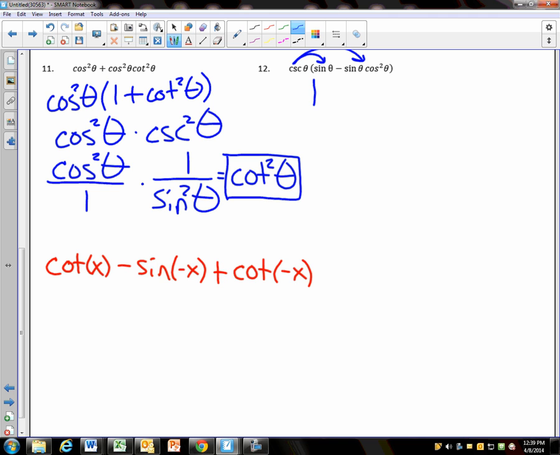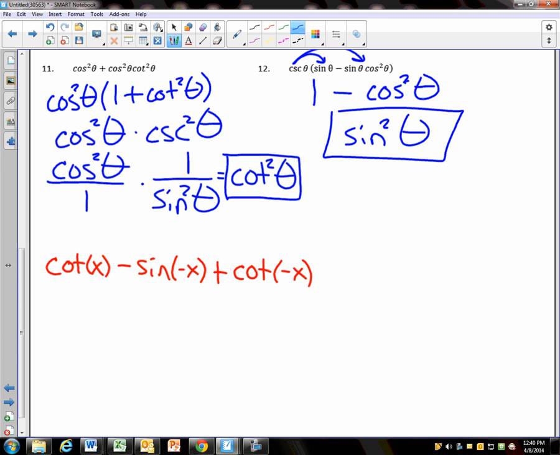As I distribute, the cosecant times the sine gives you 1, leaving you with just the cosine squared. If the light bulb goes off, you say, yay, 1 minus cosine squared is sine squared. Very good.